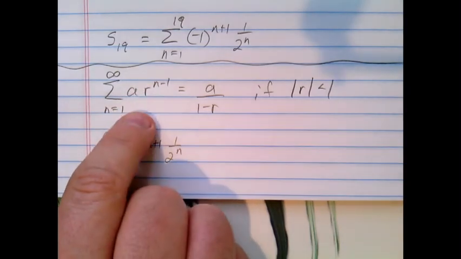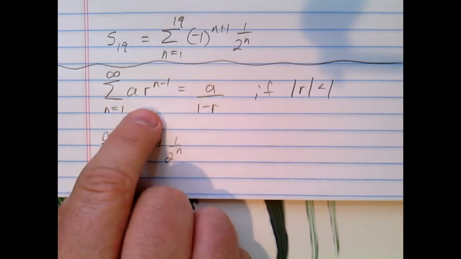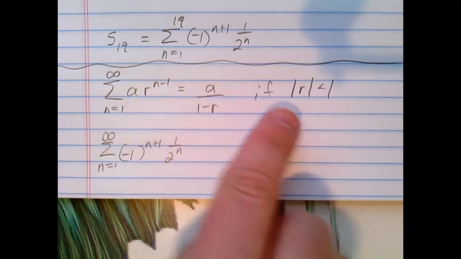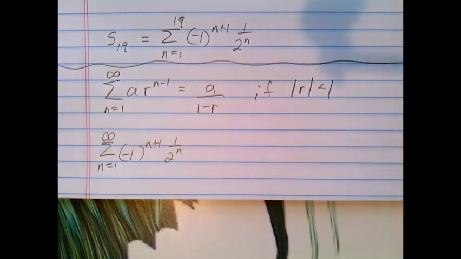Alright, here's a formula that we learned back in section 5.2, and it's actually kind of nice that we get a chance to review this. We haven't mentioned it in a while. But it's a formula for the sum of an infinite geometric series if the r value has an absolute value that's less than 1.